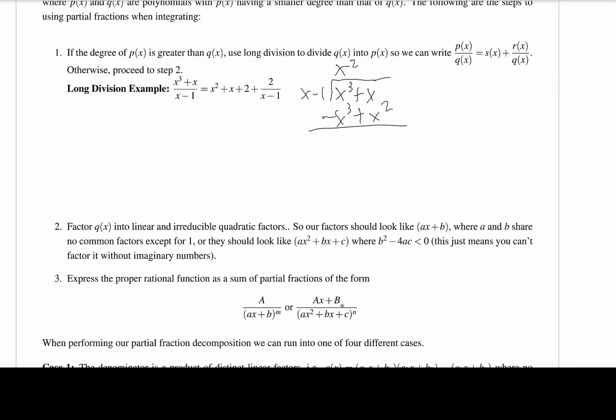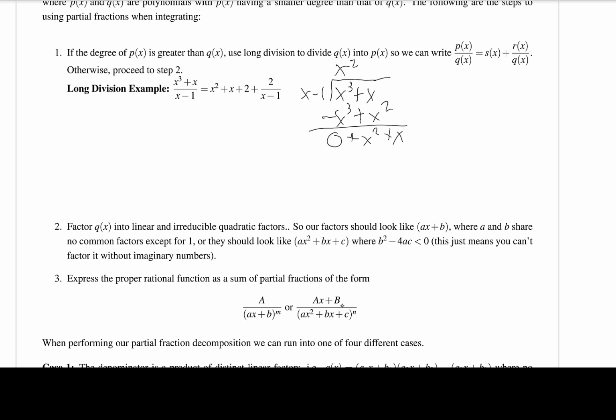So we'll get x cubed minus x cubed gives us 0. X squared plus, there's no x squareds up here. So this is just going to be plus x squared plus x.